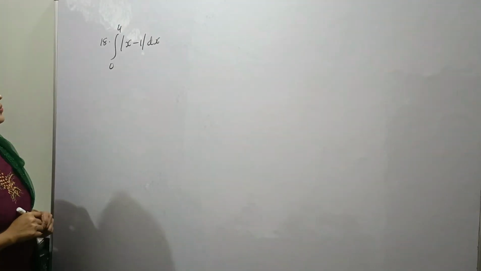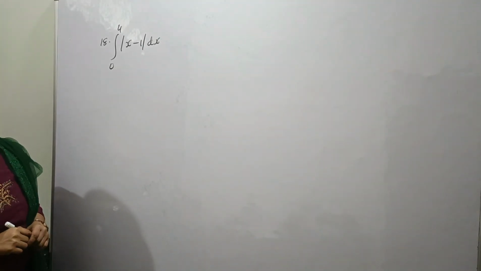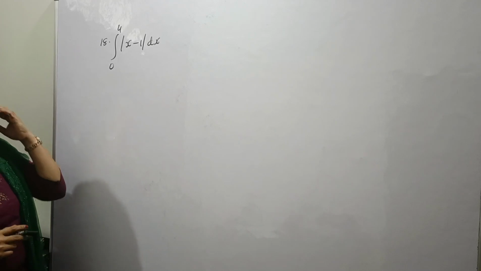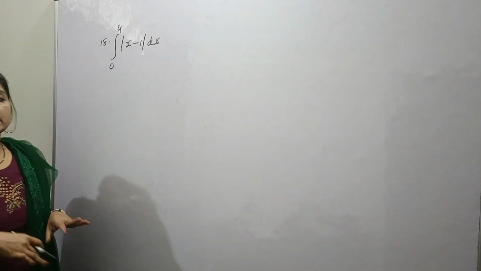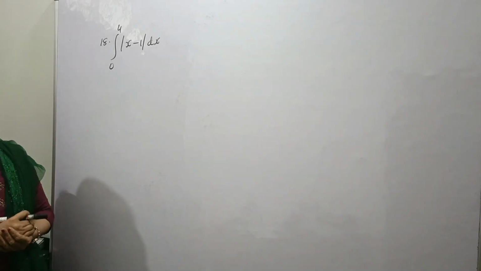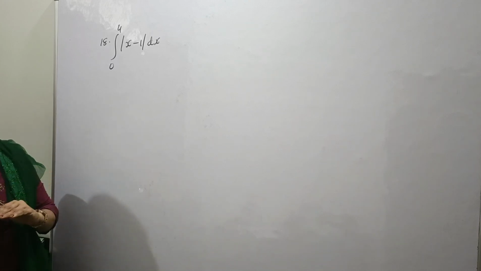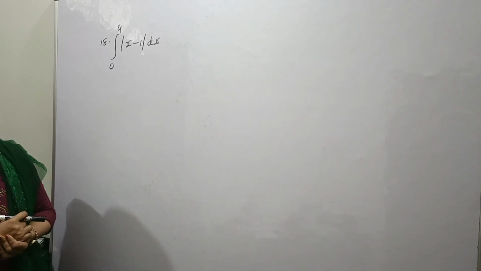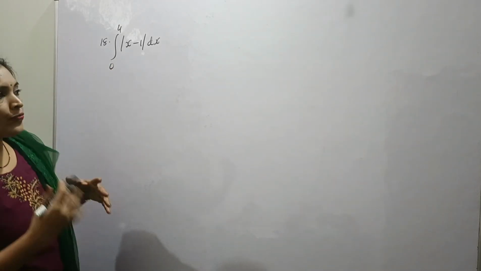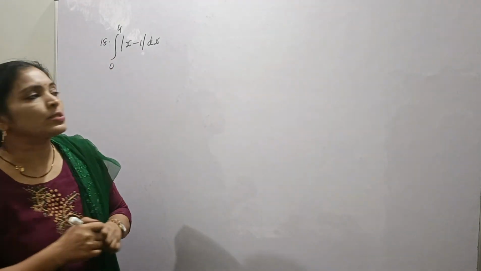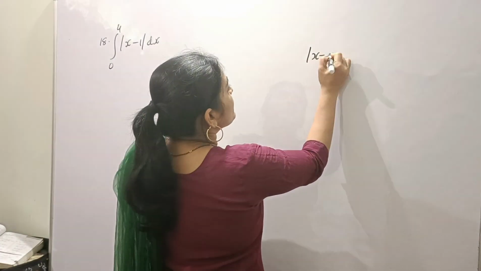Integral 0 to 4 of modulus x minus 1 dx. So here we will apply the property: integral a to b f of x dx is equal to integral a to c f of x dx plus integral c to b f of x dx. For the modulus function, first we define modulus x minus 1.